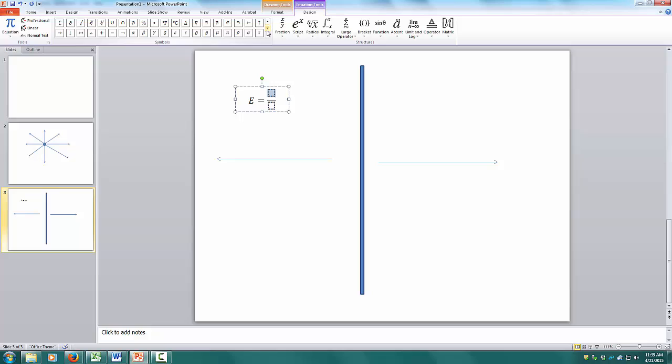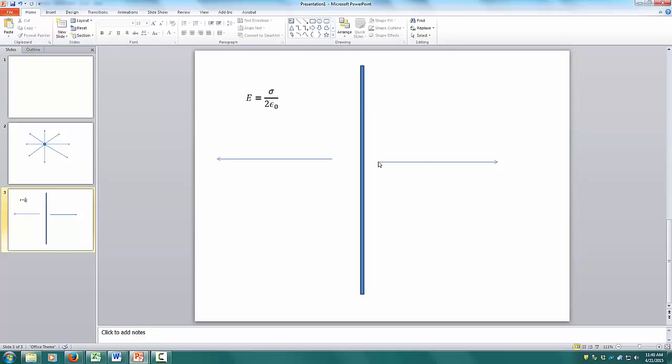This is how I do equations. For those of you who need to do them, you can do them in Word. Oops. There should actually be a 2 there if it's just a single plane. So that's the strength of the electric field, and the direction is that it's directed away from the plane of charge.